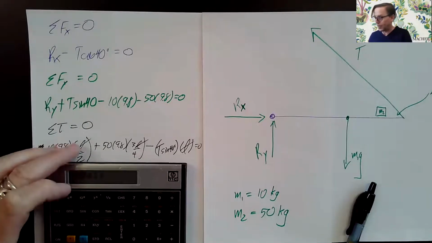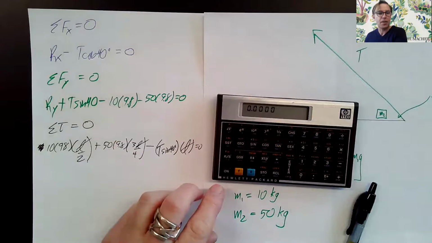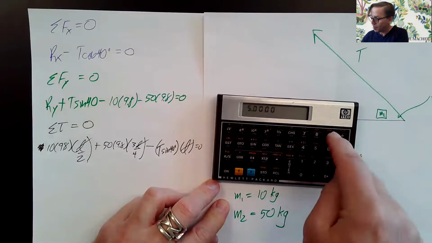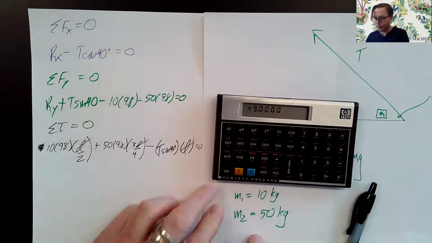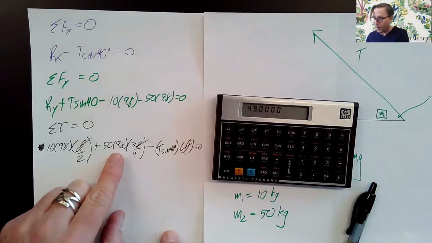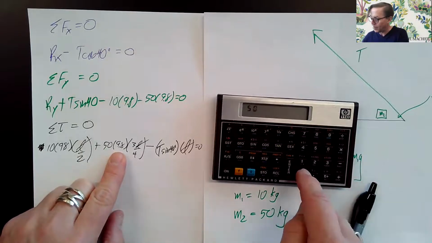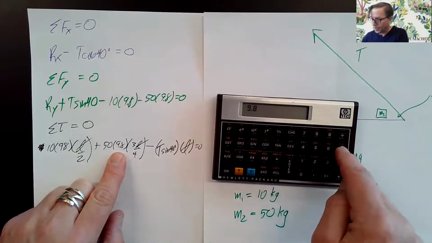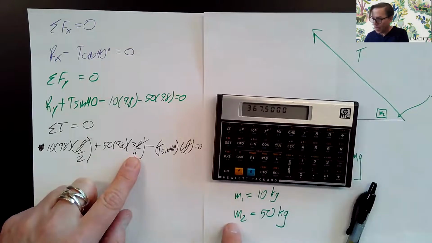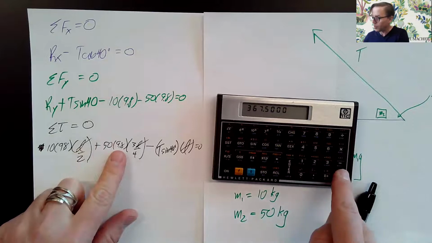Let's do it. Can you see my calculator? There we go. So 10 times 9.8 over 2 is 5 times 9.8. And then 50 times 9.8 times 3 divided by 4. And then I'm going to add those two numbers.